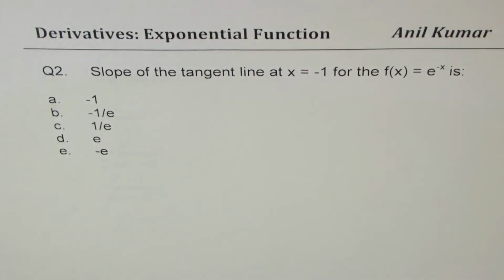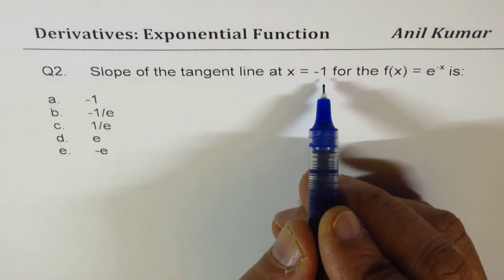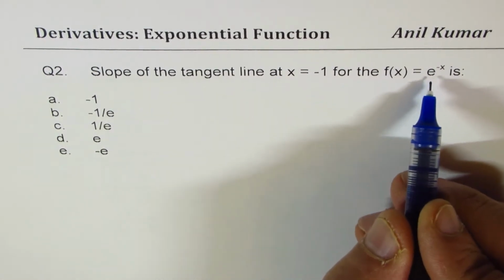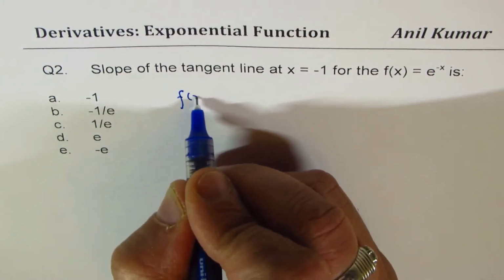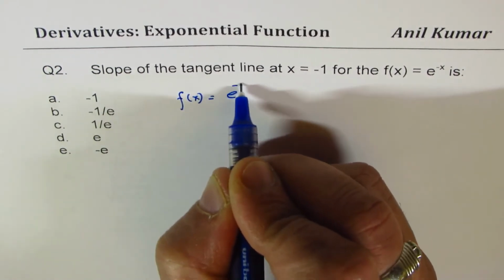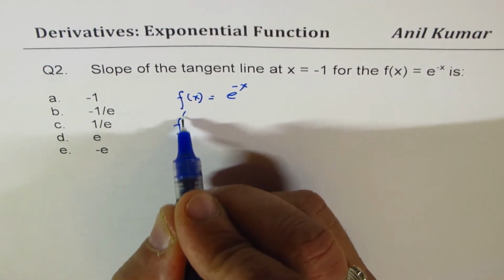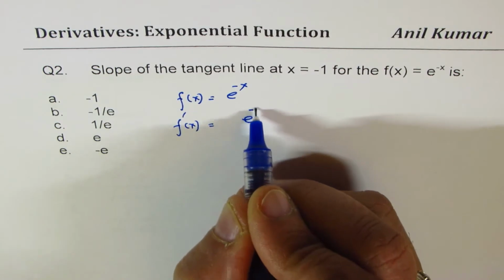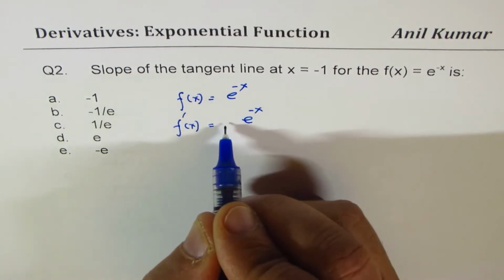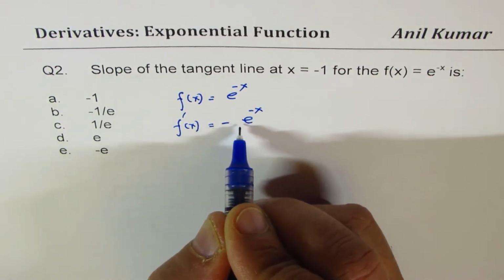Question number 2. Slope of tangent line at x equals minus 1 for f of x equals e to the power of minus x is what? So we are given the function f of x equals e to the power of minus x. Derivative will be what? Derivative is e to the power of minus x times the derivative, which is minus 1, right?